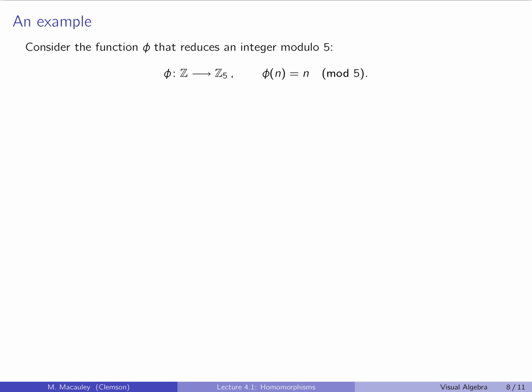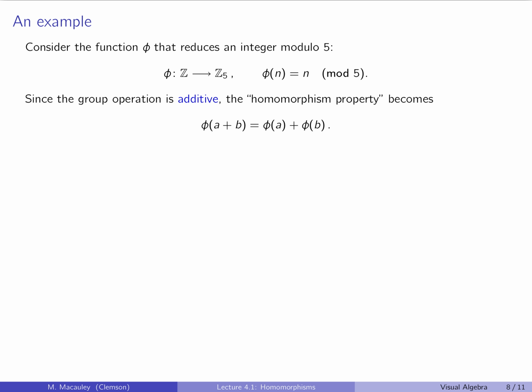If you found parts of that previous slide to be a bit abstract, then I think a concrete example will help. So consider the function phi that reduces an integer mod 5. So formally, this is a map, I claim it's a homomorphism, from the integers Z to the integers mod 5. And it's just defined by sending n to n mod 5.